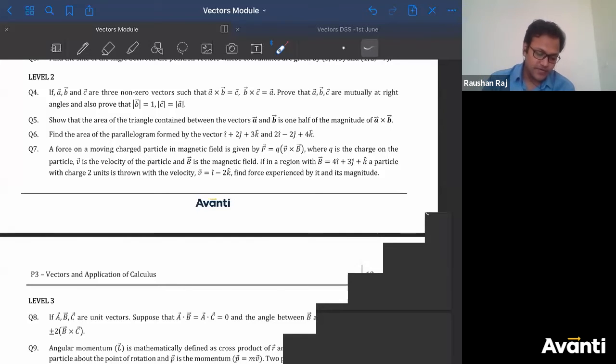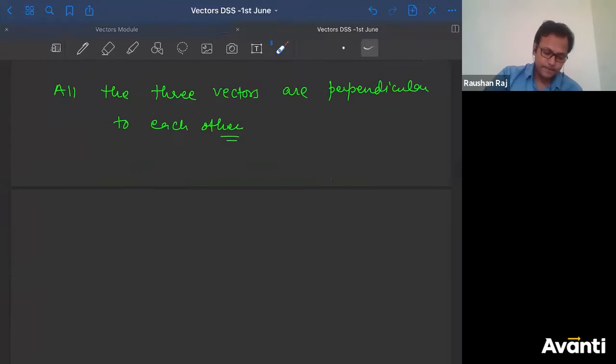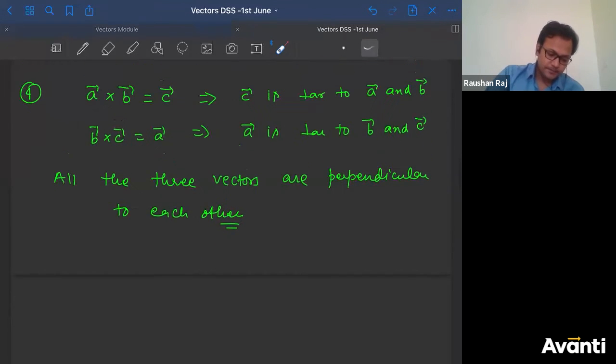Now also prove that modulus of B is equal to 1 and modulus of C is equal to modulus of A. What do you have to prove? Modulus of B is equal to 1. That means the magnitude of vector B is 1 and modulus of C is equal to modulus of A. So from this one, what can I write?